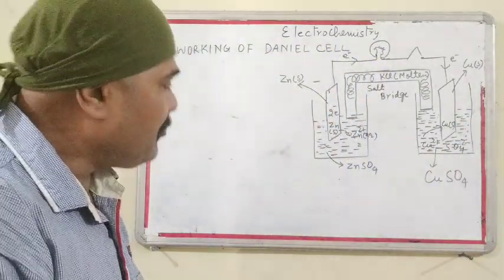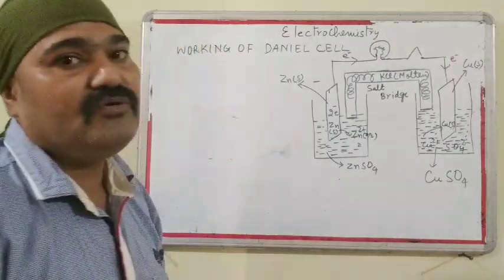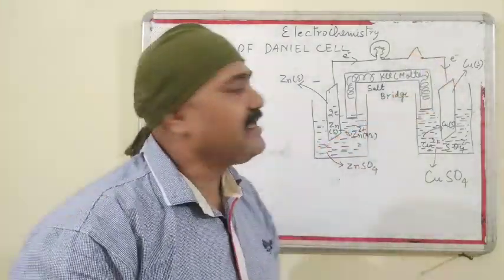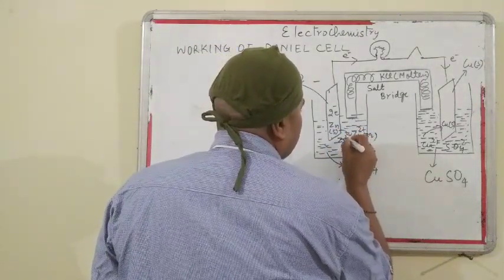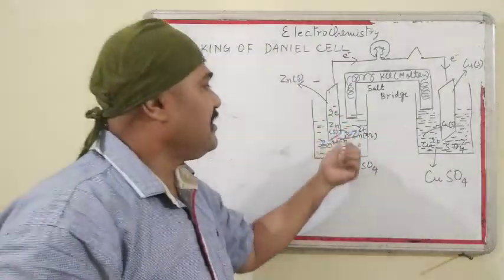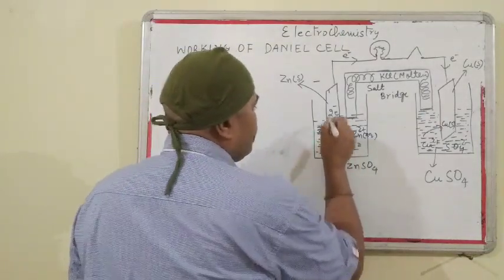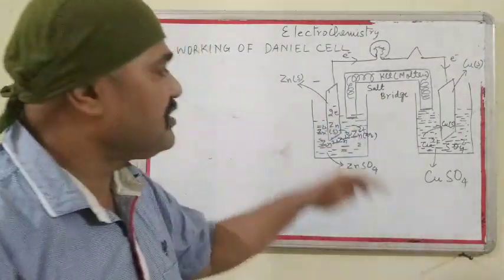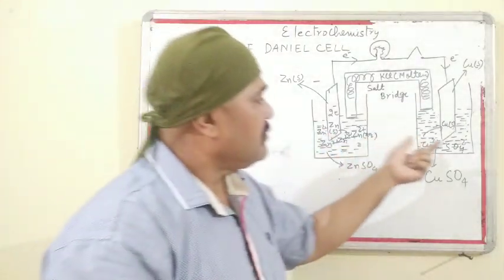But the problem is that we cannot get electricity continuously from this assembly alone. As we switch on the key, the Zn2+ ions coming from the metal strip into the aqueous state surround the strip, and they repel the next coming Zn2+ ions.